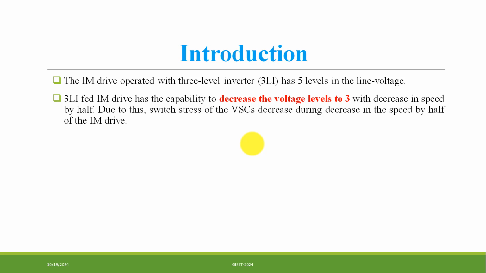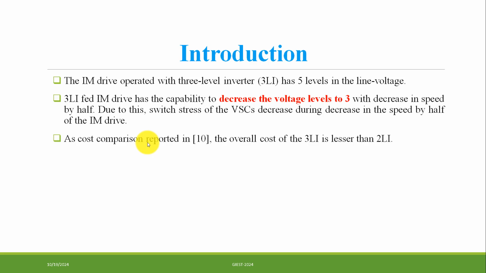The 3-level inverter fed induction motor drive has the capability to decrease the voltage levels to 3 with a decrease in speed by half. Due to this, switch stress of the VSC decreases when the speed of the induction motor drive decreases by half. In a cost comparison reported in 10, the overall cost of the 3-level inverter is lesser than the 2-level inverter.